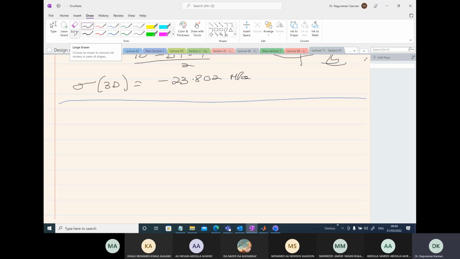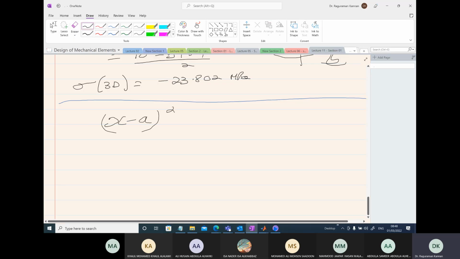Okay, so first I'm going to write the formula for the equation of a circle. What is the formula? x minus a the whole square plus y minus b the whole square should be equal to the radius square. Let's assume this is the x and y axis, and imagine the center is here. The center has the coordinate a comma b.